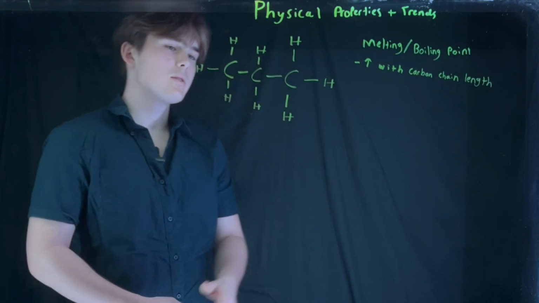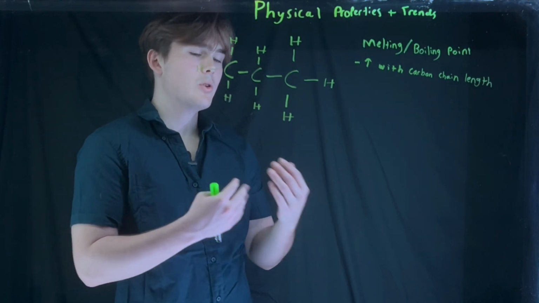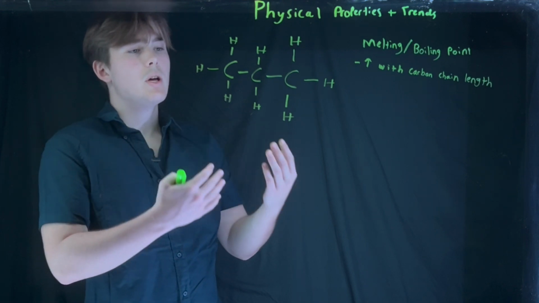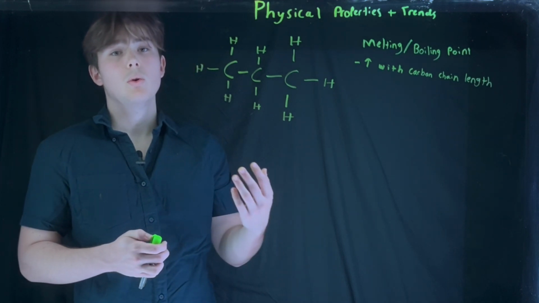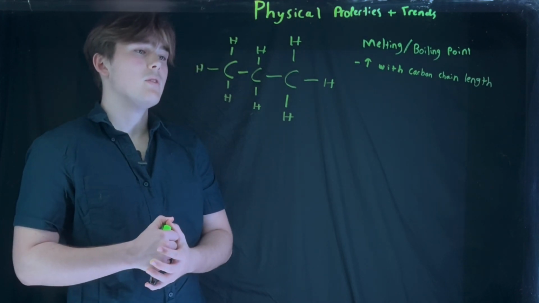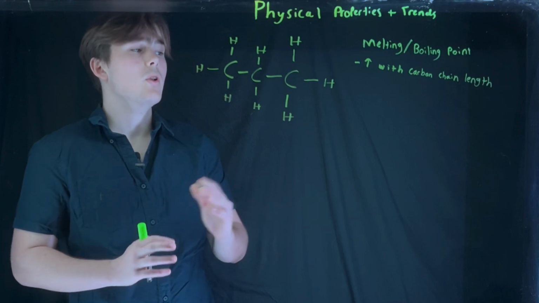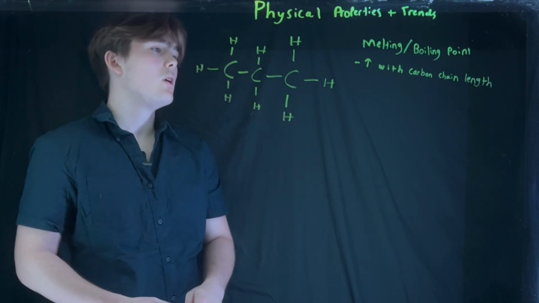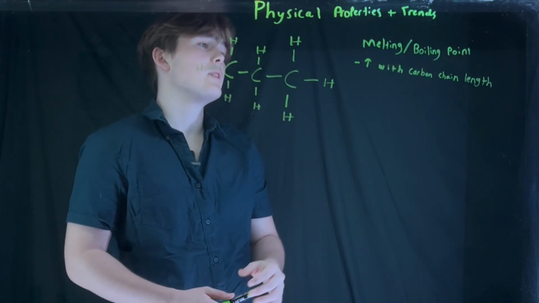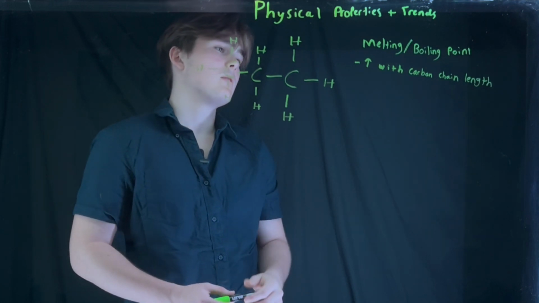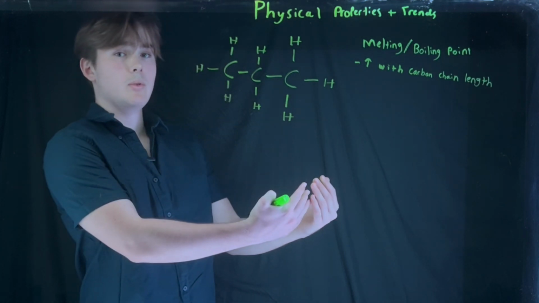So propane is going to have a relatively low boiling point or melting point when we compare it with something like hexane or heptane, where we have 6 or 7 carbons in the carbon chain. Those are going to have a higher melting and boiling point. So what I've written here, melting and boiling point, some things that affect that is the carbon chain length. So boiling point and melting point increase when we have a longer carbon chain.